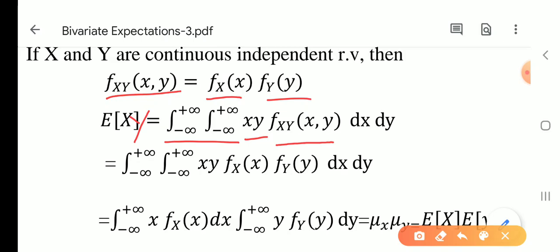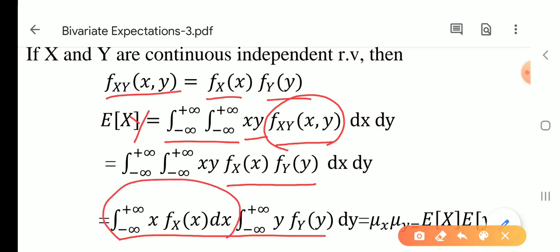Since f_XY of x comma y is independent, we will split it and write it as the product of two, that is f_X of x into f_Y of y. Now let us separate the integral and write it as the integral from minus infinity to plus infinity of x f_X of x dx and the integral from minus infinity to plus infinity of y f_Y of y dy.